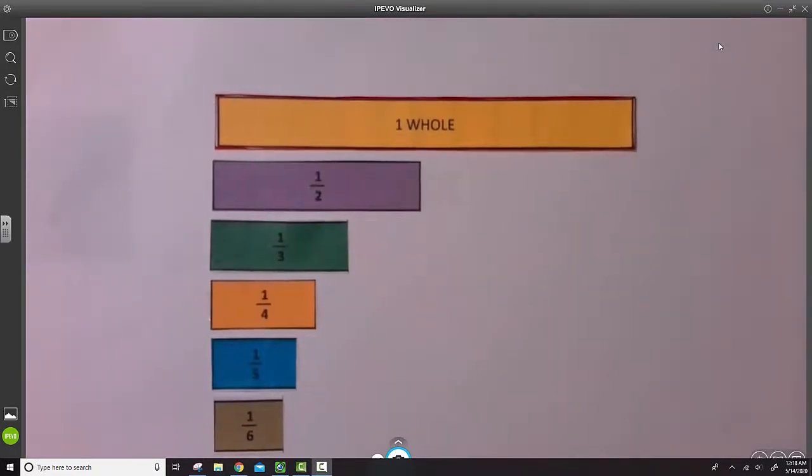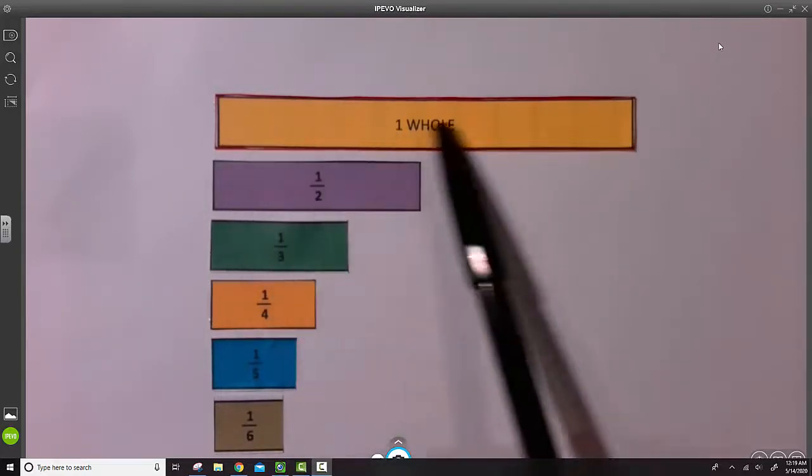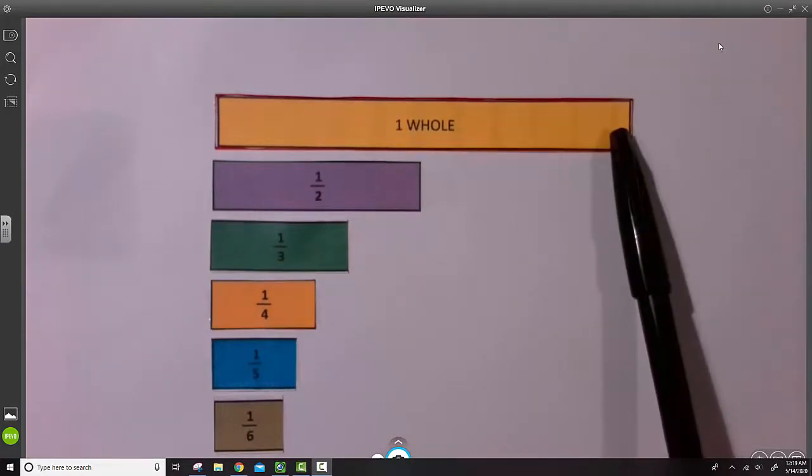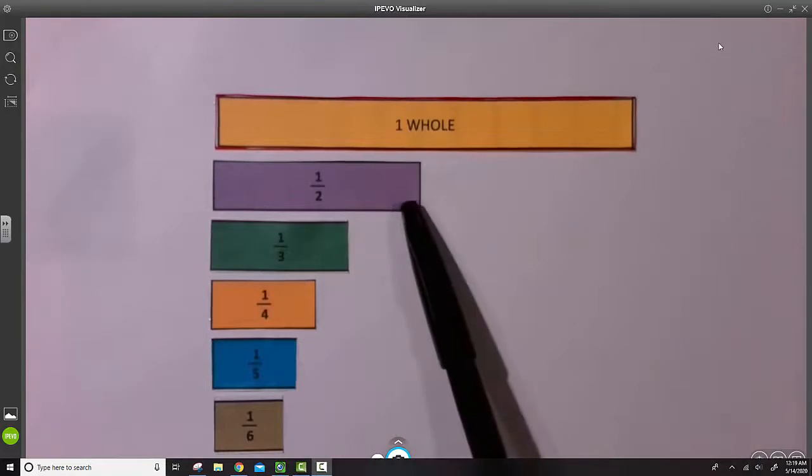Now, a concept that's difficult for children is when we compare denominators that are different. So before we think about our lesson, it's first best to get a foundation and understanding of fractions and what the denominator means. So we have a whole by which we can compare our fractions. Next, we have 1/2.